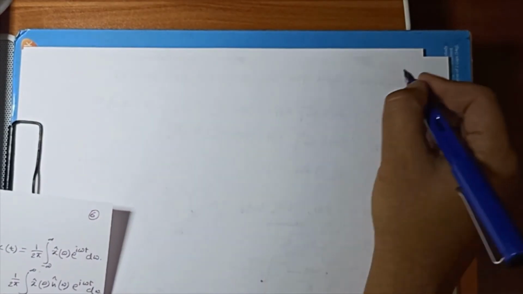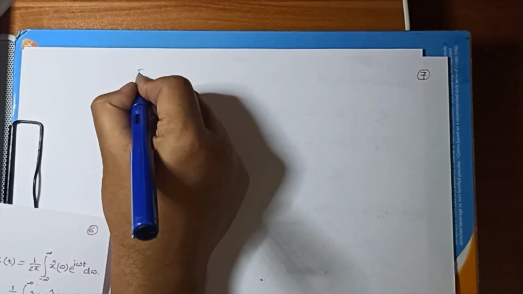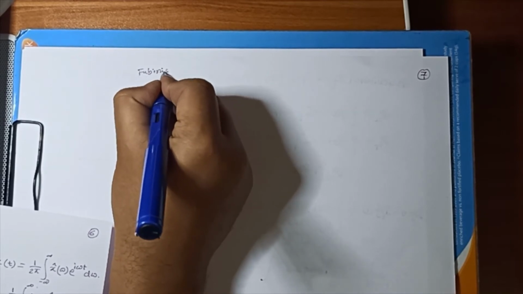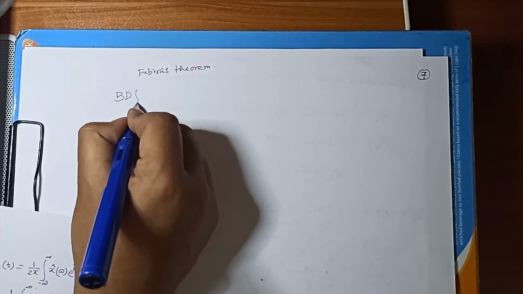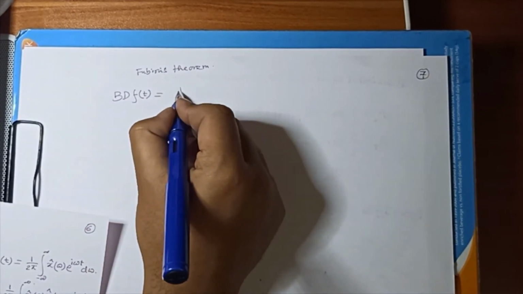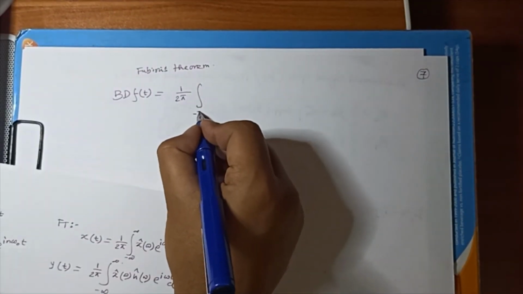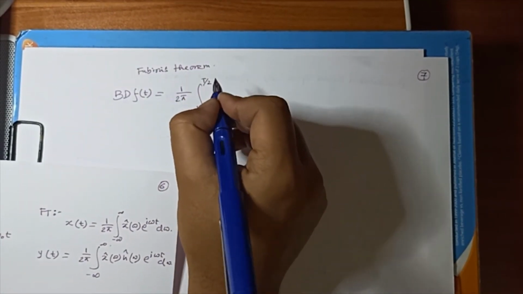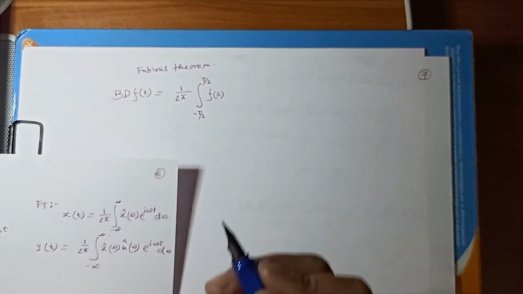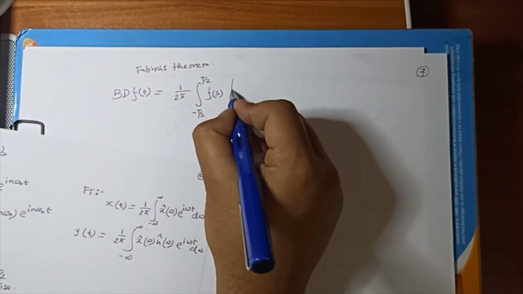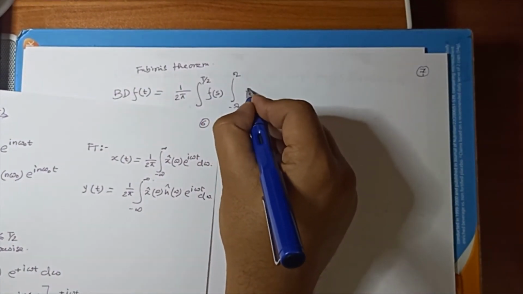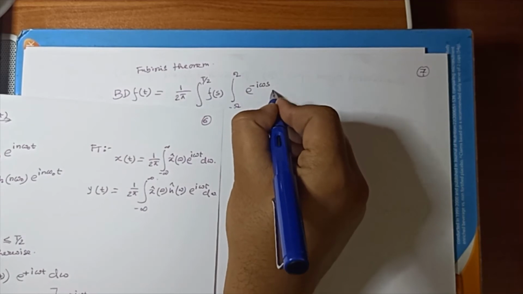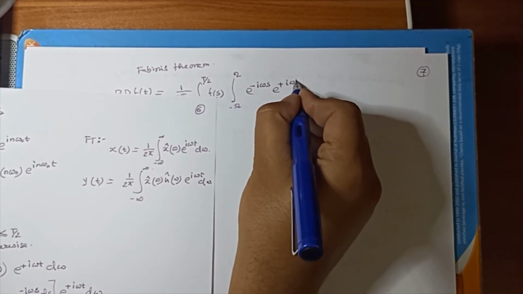So if you apply Fubini's theorem, then this bdft will be 1 by 2 pi. The outside integral will become minus t by 2 to t by 2. You take fs out, and the inside integral is the frequency integral, minus omega to omega, and you have e to the power minus I omega s e to the power plus I omega t d omega.